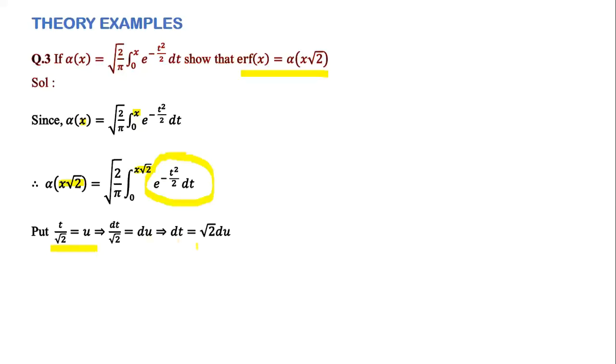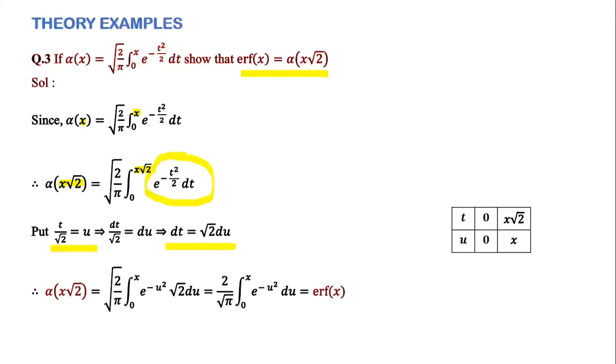This implies dt is equal to root 2 du. And if you see the table, t varies from 0 to x root 2. When t is 0, u is 0. And when t is equal to x root 2, u becomes x.